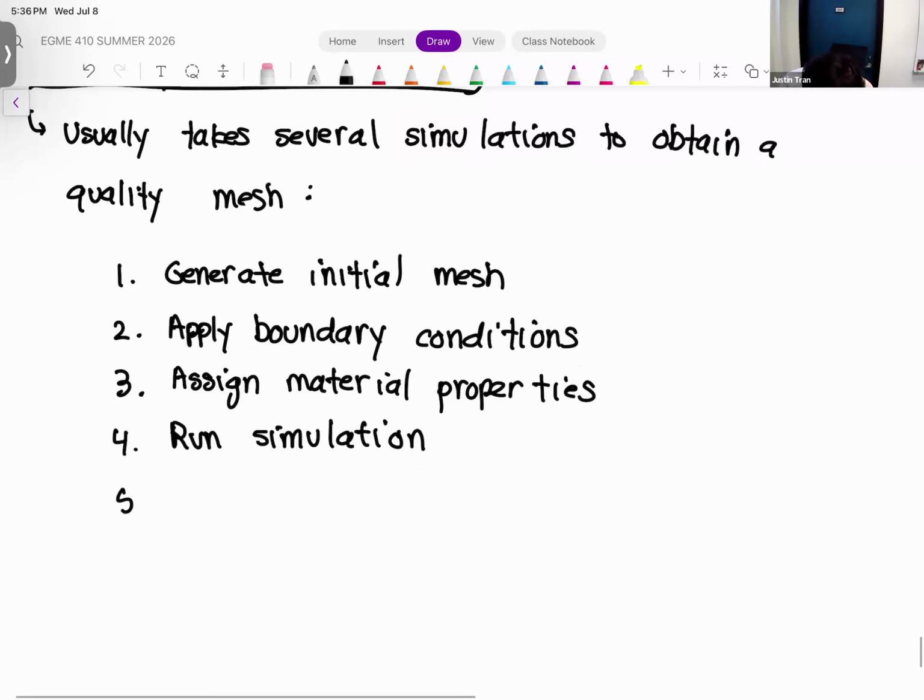And then step 5, once we have our simulation results, we can go in and check where the regions of high solution gradients are, and where our solution is oscillating. Next is to identify regions for mesh improvement.